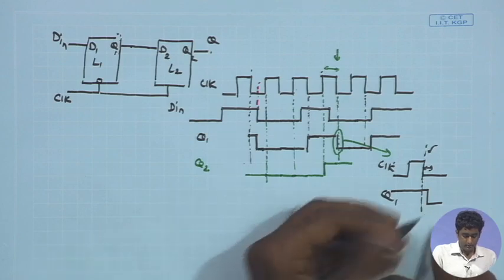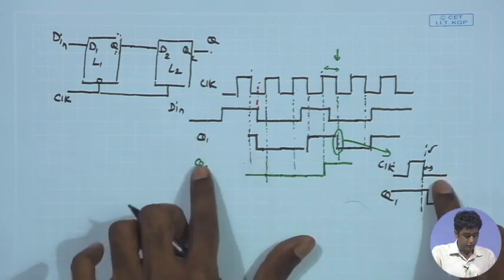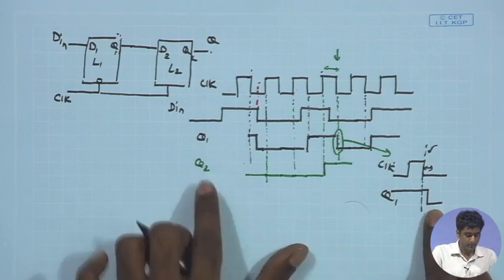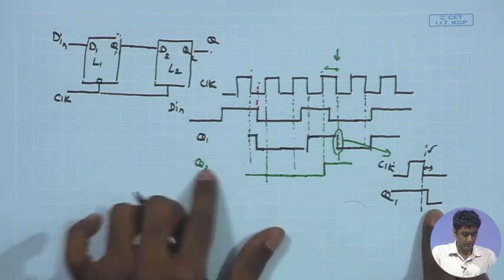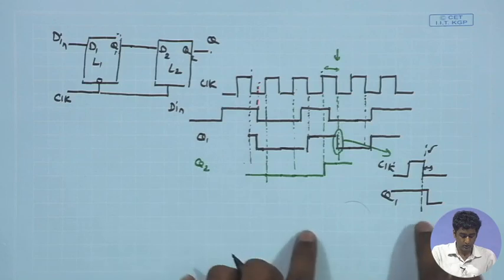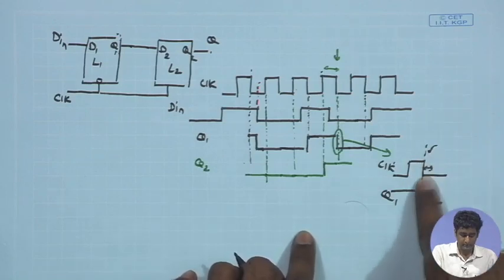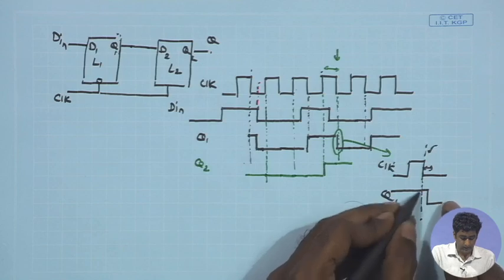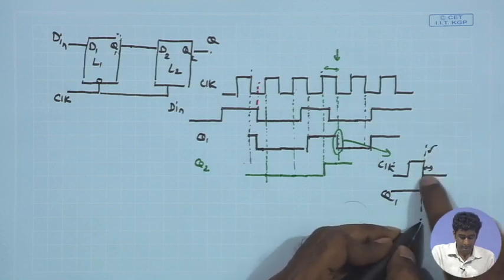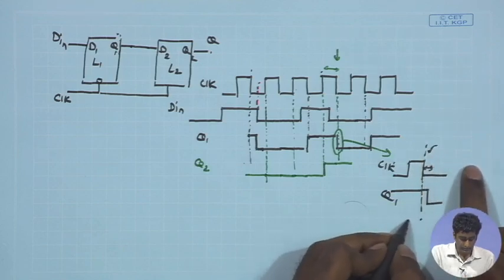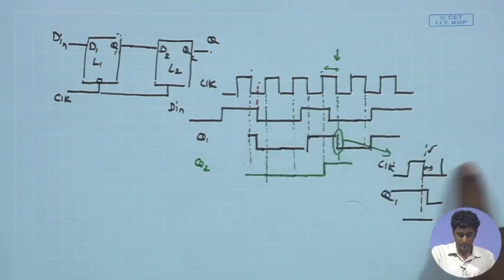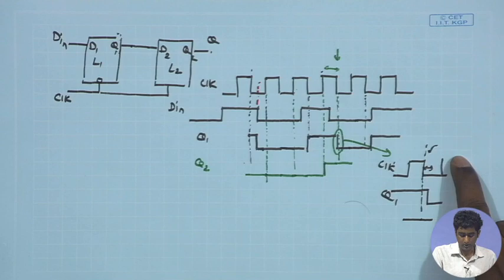And as a result, Q2 is going to become opaque to the changes in Q1 just after this negative edge of the clock. That means it will retain whatever data of Q1 was available at this falling edge. So, it will retain that data for this entire duration, till the next positive edge of the clock comes.